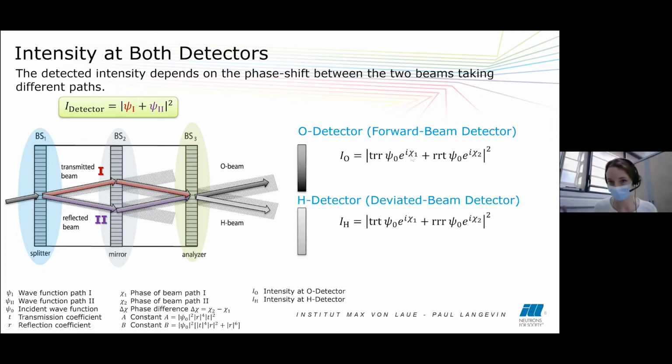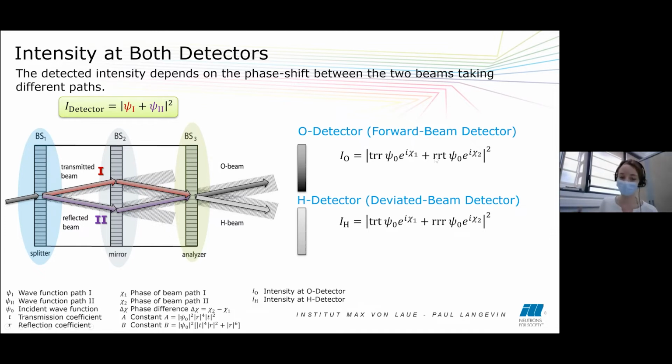So to explain it a little further, psi1 is the incident wave function, which is the same for both paths since they are derived from the same incident beam. However, and this is given here, the phases of the waves in both beams may become different when the neutron experiences an interaction along the beam path, which is expressed by the contribution psi.